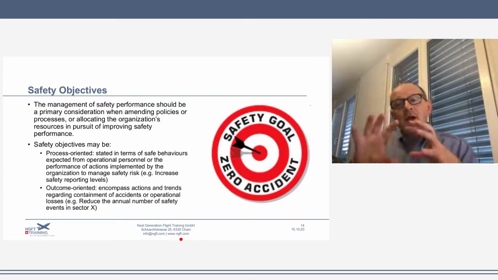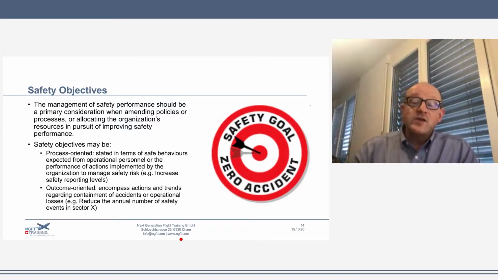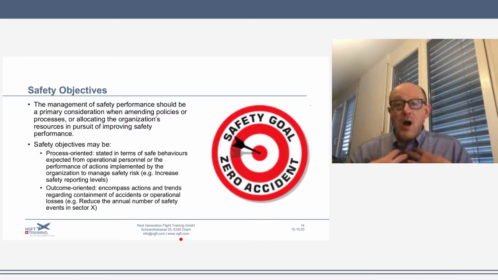And if you define safety objectives, they may be process-oriented or outcome-oriented. Process-oriented means we have a safe behavior, meaning we put on our personal protective safety equipment.